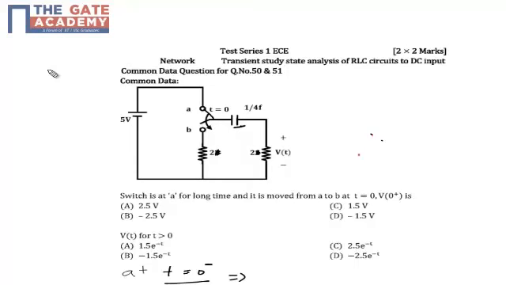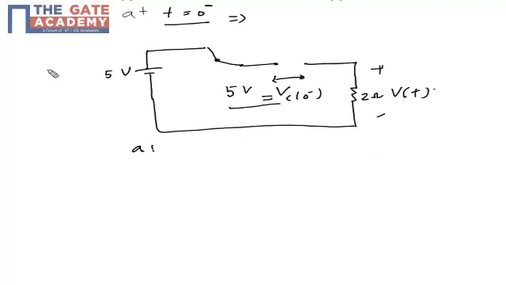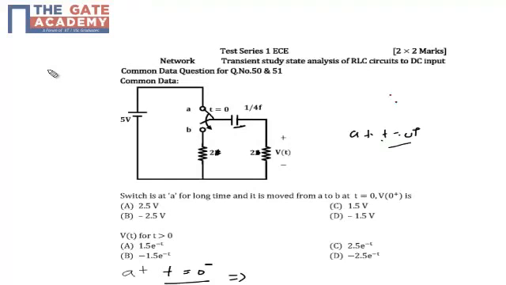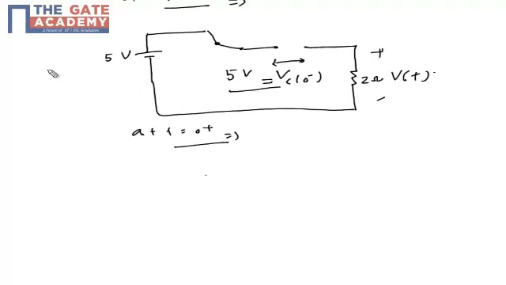Now again I will draw the circuit for t is equal to 0 plus. At t is equal to 0 plus, what change has occurred? My knob T is shifted from position A to position B. So at t is equal to 0 plus, I will have this RC loop, because my battery will be disconnected from the circuit, as the battery is a part of the knob A, but now my circuit is connected to the knob B. So at t is equal to 0 plus, my effective circuit will be a 2 ohm resistor with a capacitor.